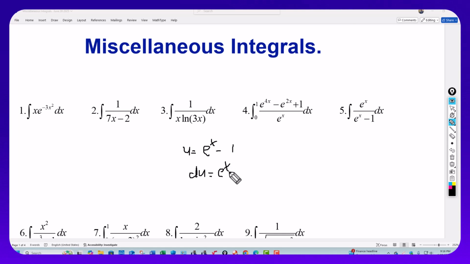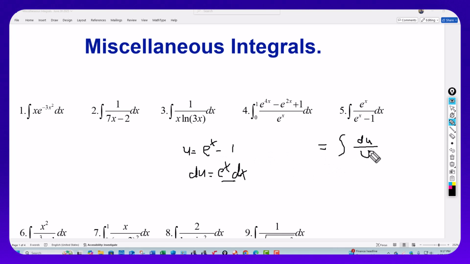The derivative of minus 1 is 0, so du is equal to e to the x dx. So you can see here that e to the x dx is replaced by du, and the denominator e to the x minus 1 is your u.